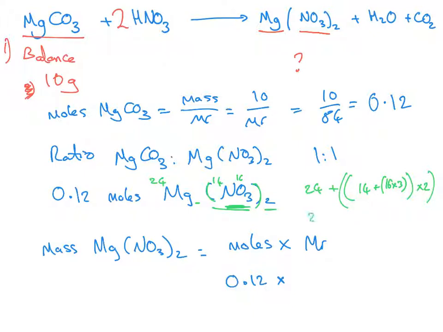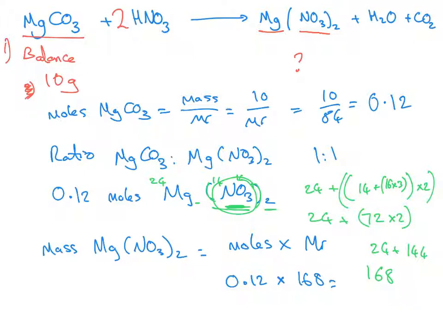So I will get 24, add, that makes 72, but it's only the 72 that I need to double, okay? It's only that bit that I've got 2 lots of. So that makes 24, add 144, so my MR is 168.